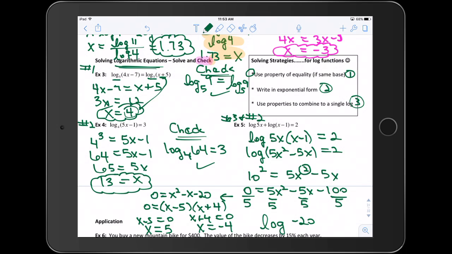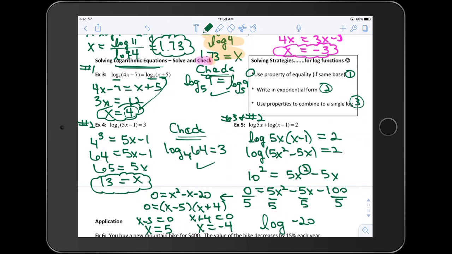And if you think about this, because this is common log, right? 10 to what power will ever give you a negative 20? Well, when you go 10 to a negative exponent, you get a very small fraction, and it gets closer and closer to 0, but you never even get to 0 because of that asymptote idea that we showed with graphing.